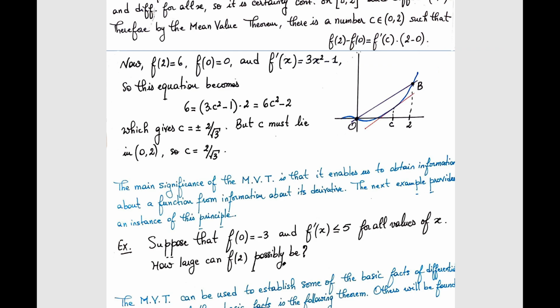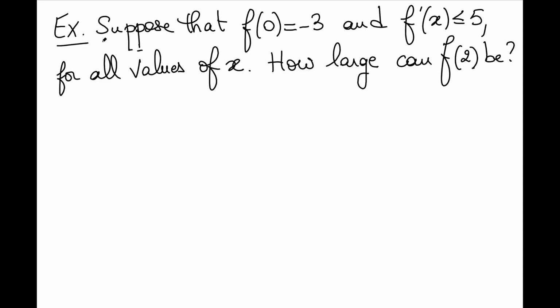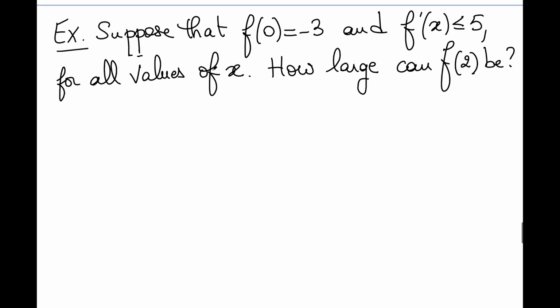Okay, so let me take this all the way to the last page here and paste the question. So again, I have that f of 0 is minus 3 and f prime of x is at most 5 for all x. So if you're given that f prime of x is at most 5, you're given that f prime of x exists for all x, right? So the function f prime exists for all x.